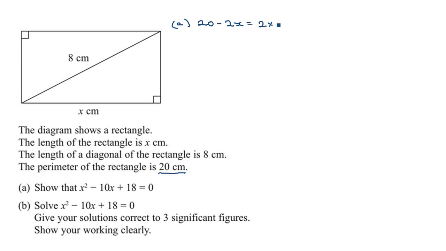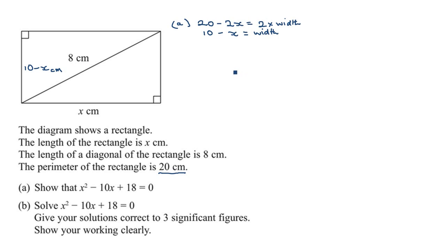So 2 times the width. And that's where this 10 minus x comes from, because now we've got an equation. If we divide through by 2, we'll end up with 10 minus x equals the width. So we can say that this is 10 minus x centimeters.